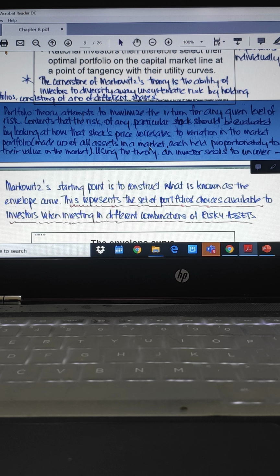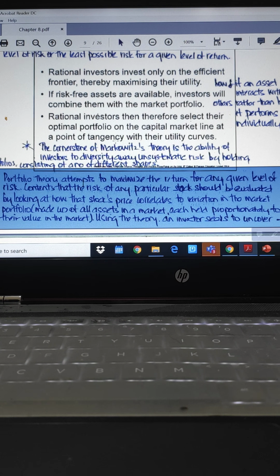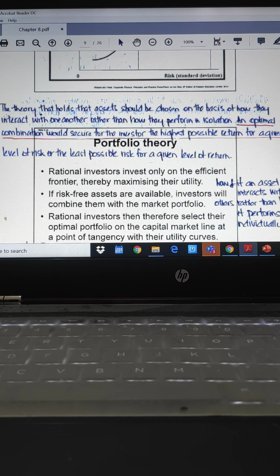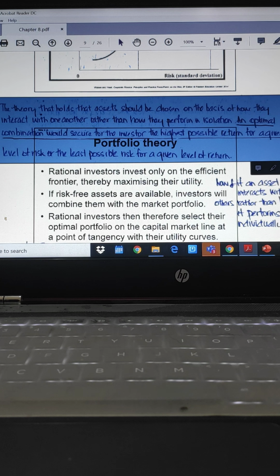Using this theory, an investor seeks to uncover how an asset interacts with others rather than how it performs individually. This is exactly what was mentioned in this explanation.